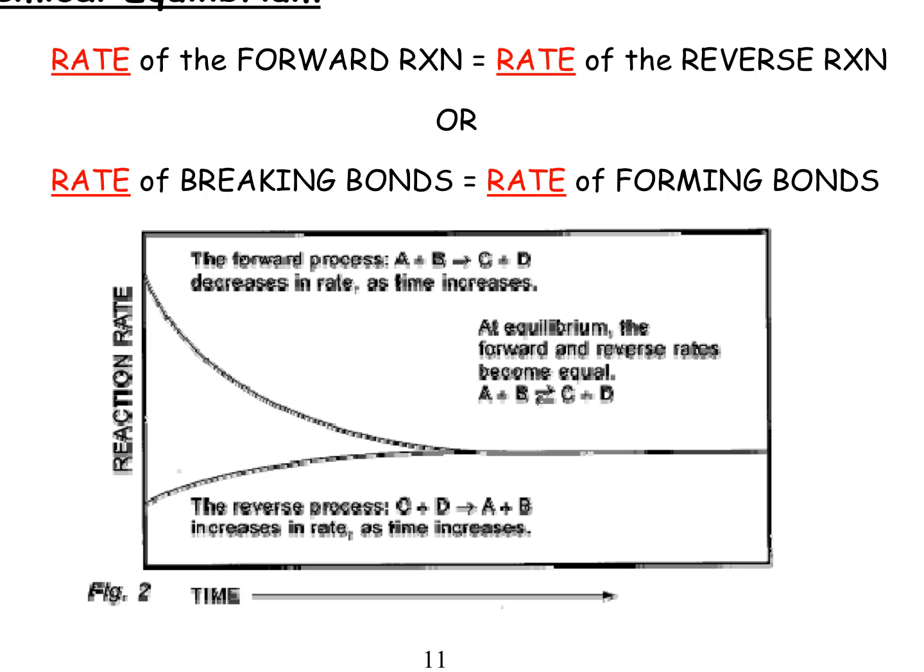So I have my reaction rate on my Y, time on my X. When we start a reaction, we start with all reactant. So I'm going to start with a really high rate of the reaction if all that I have are reactants hitting reactants. It's going to occur very, very quickly.